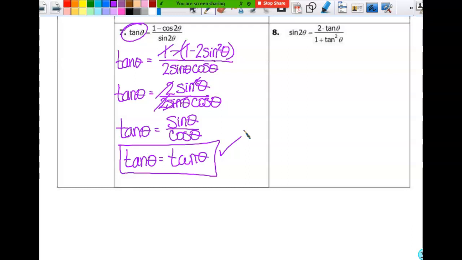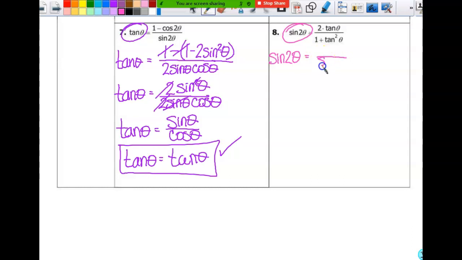All right, so on the last one, would you agree that the right-hand side looks more complicated? I think so. So I think we're going to use this one. This is our goal. This is the one we're going to work with. So we get sine 2 theta. I would like my denominator to be one term most of the time, not all the time, because there's times where I don't want that. But I feel like there's something I can do with that 1 plus tangent squared. What could I replace that with? Secant squared, very good.